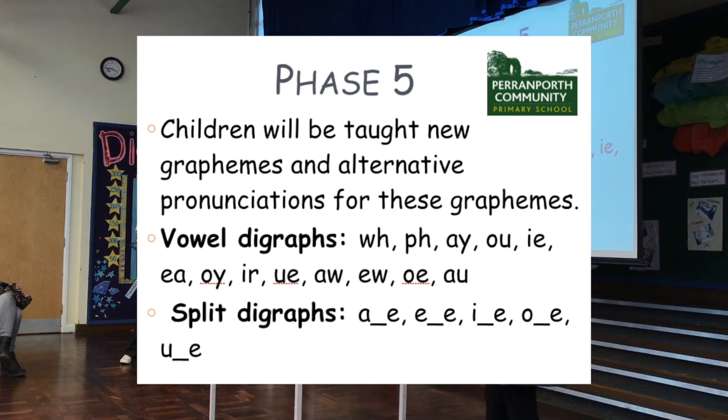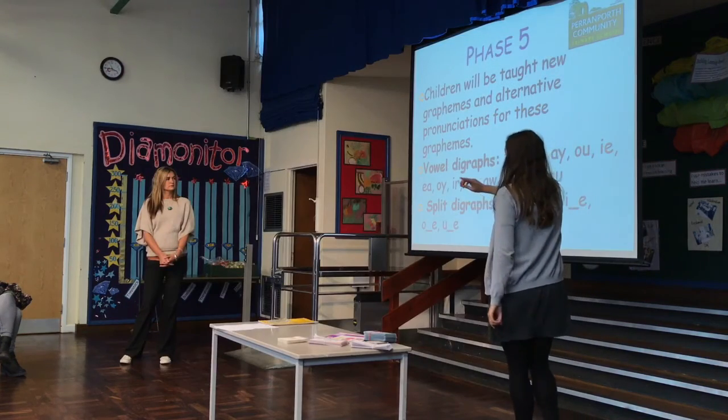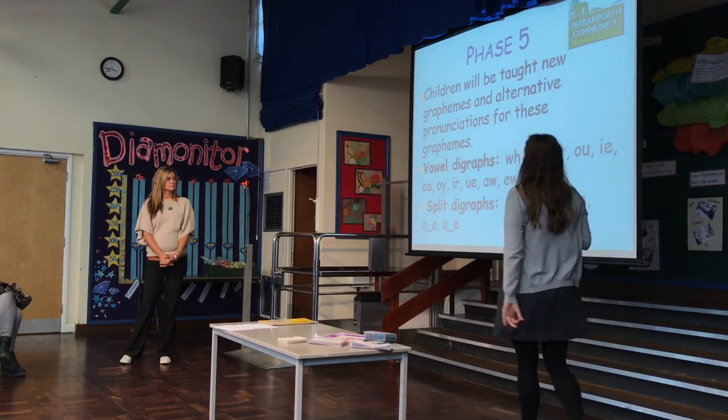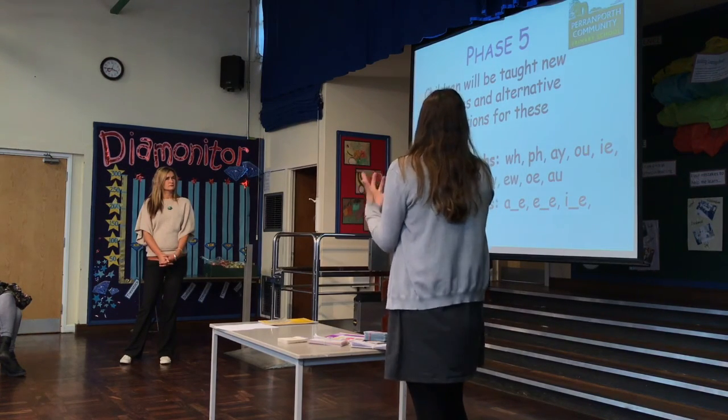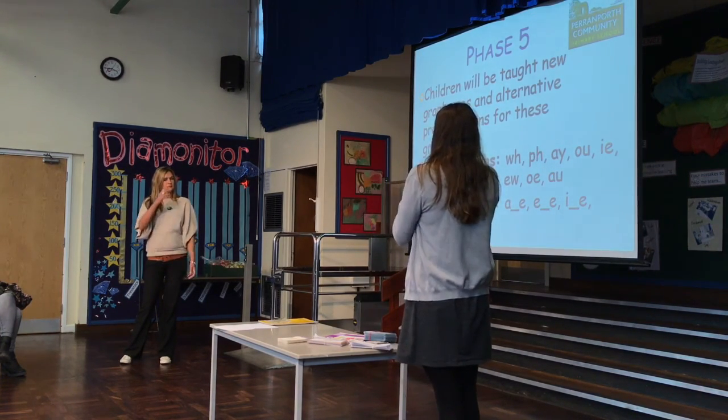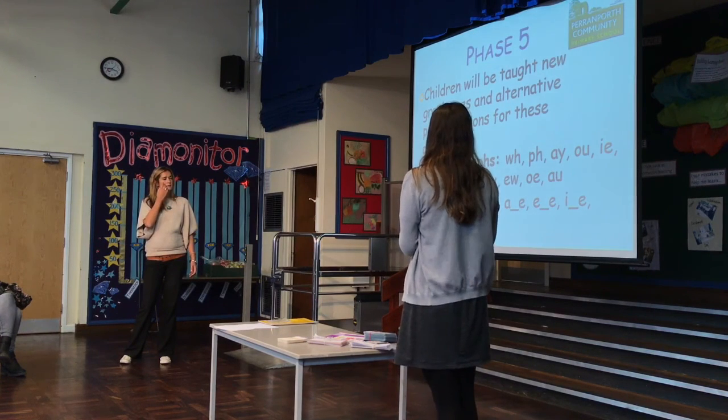So the phoneme O can be written with OE, OA, OW. It can be split O in a split digraph. So it does become trickier then. They are, as I said, learning that the phoneme can be written down in different ways, in different graphemes.